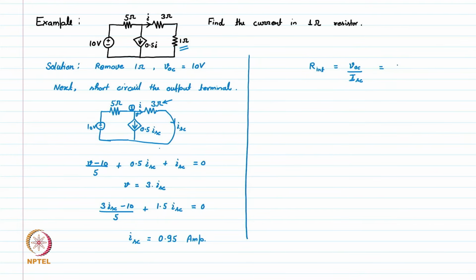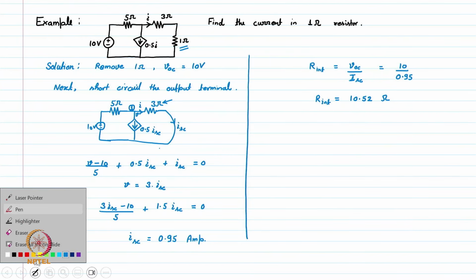This is 10 divided by 0.95. This comes out as 10.52 ohm. So R int value is this one.